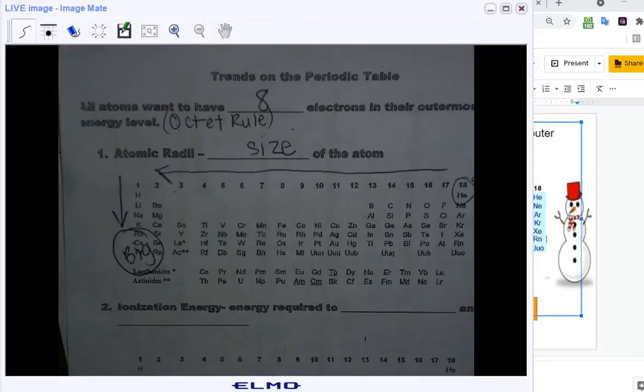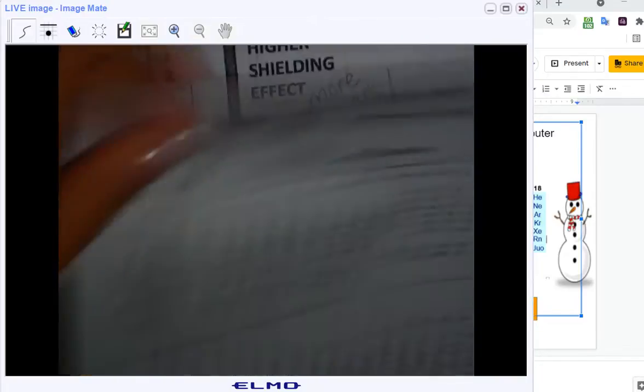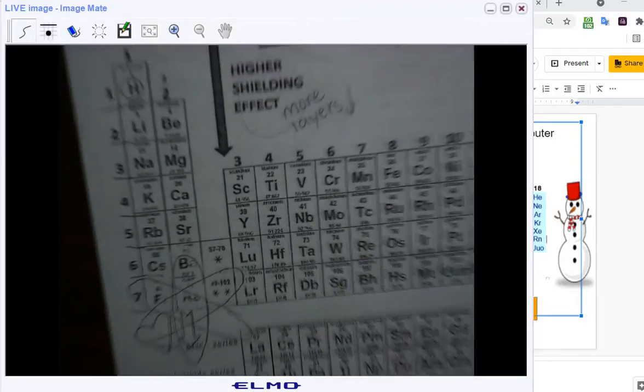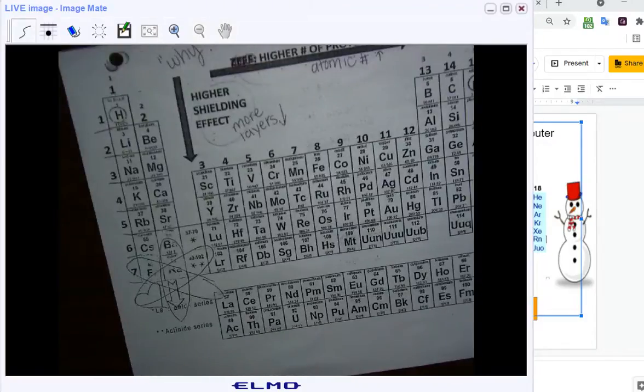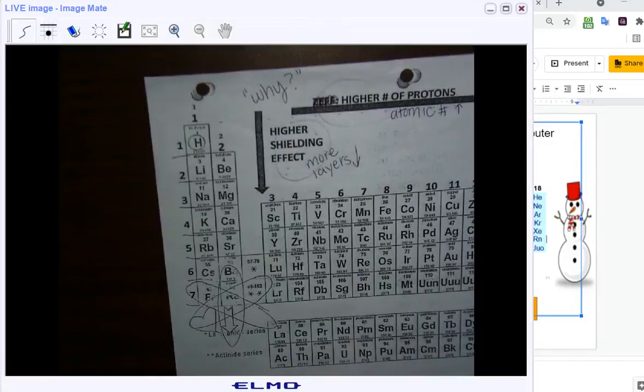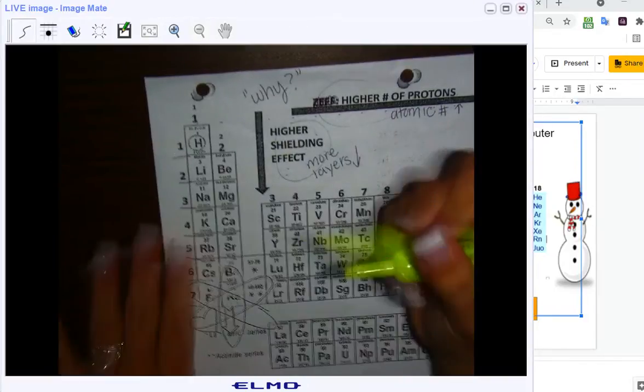So if you have a highlighter, cool. If you don't, I have a whole bag, so you can grab one if you want. What we're going to do is make the trend. I'm going to draw it on the big periodic table because I think it's easier to put it there. You can draw it on either one, okay? The snowman trend helps you line these up.